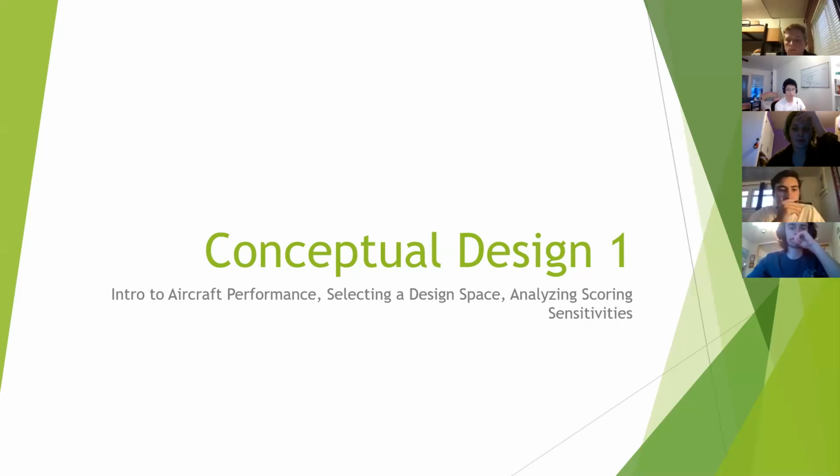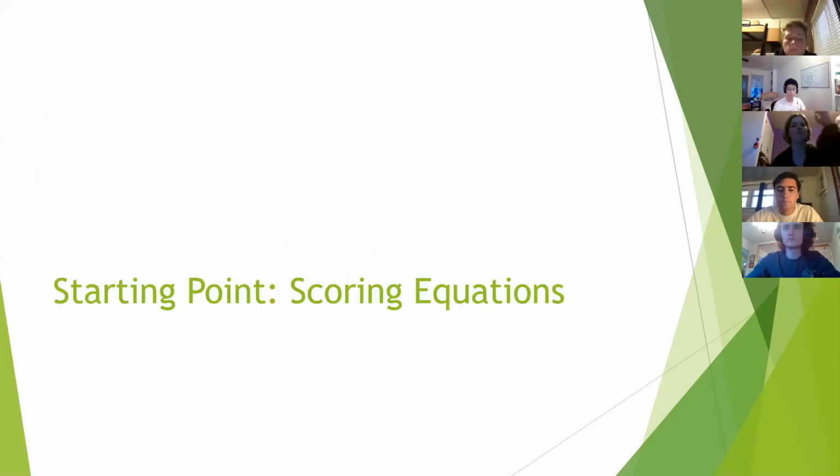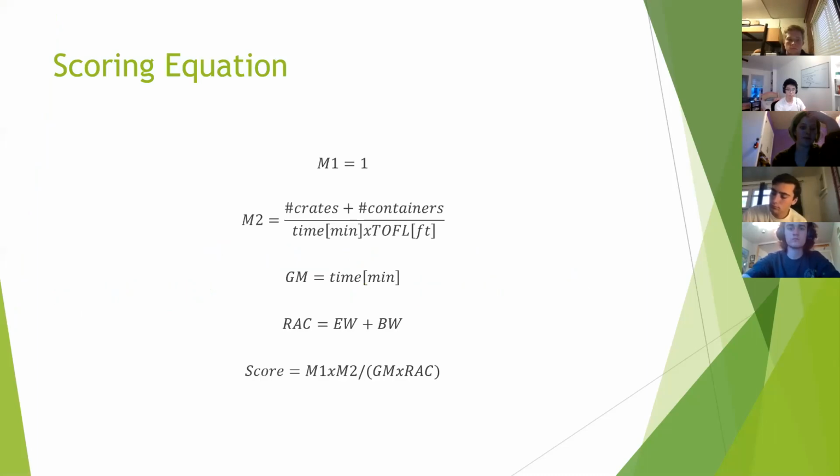The goal of conceptual design is to, at the end, have an idea of what general configuration of the aircraft is going to result in the best scoring plane. The first step is to look at the scoring equations and see what they're telling you about the aircraft. I've pulled these from the rules document.